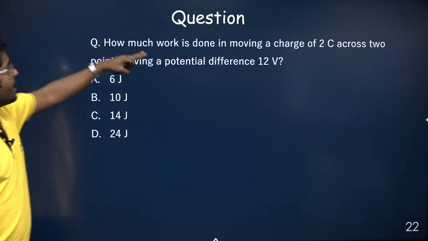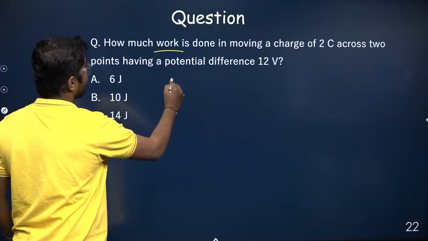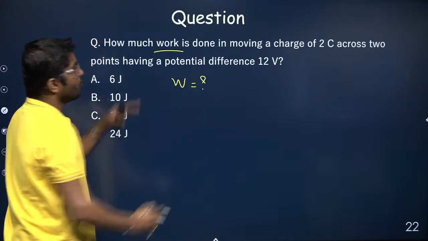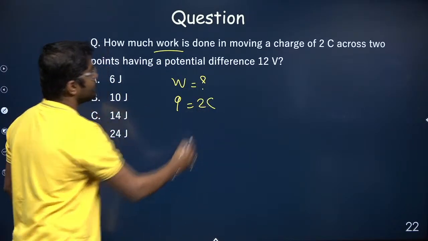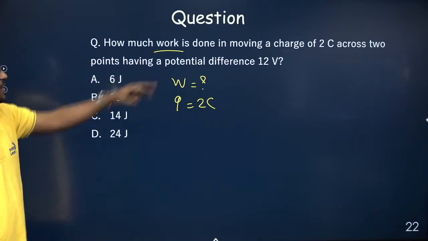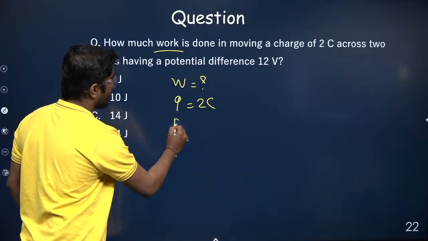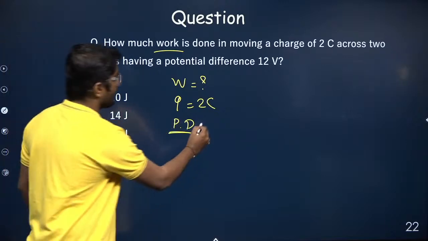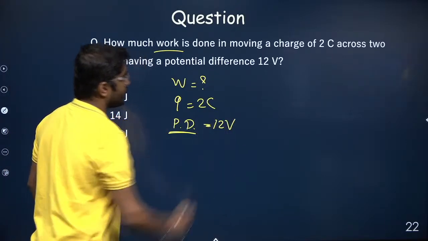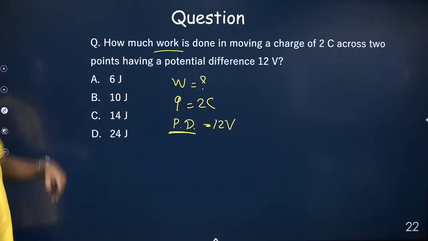So how much work is done? We need to calculate the work done in moving a charge of 2 coulombs across 2 points having a potential difference of, I'll use this word, potential difference, 12 volts. So we want to calculate the work done.